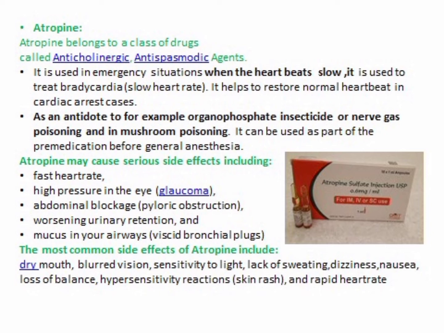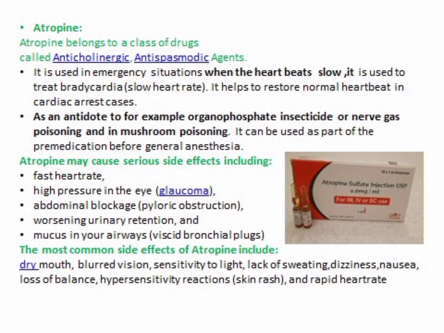It helps to restore normal heartbeat in cardiac arrest cases. As an antidote to, for example, organophosphate insecticide or nerve gas poisoning, and in mushroom poisoning, it can be used as a part of the pre-medication before general anesthesia.